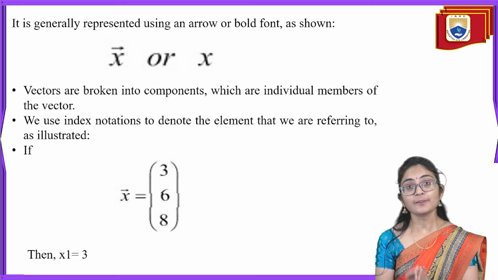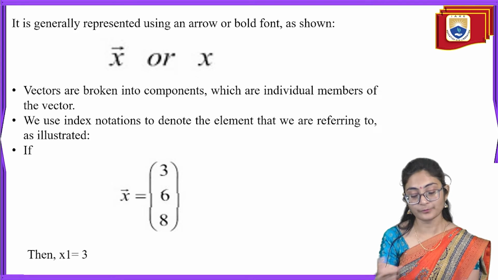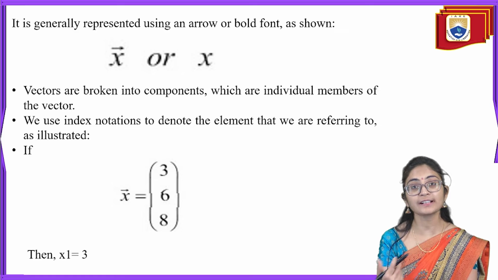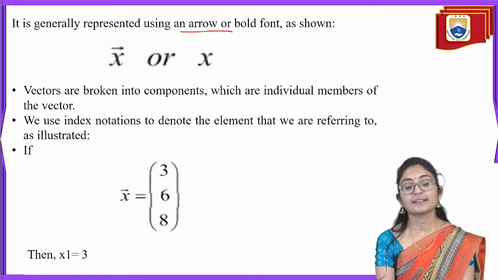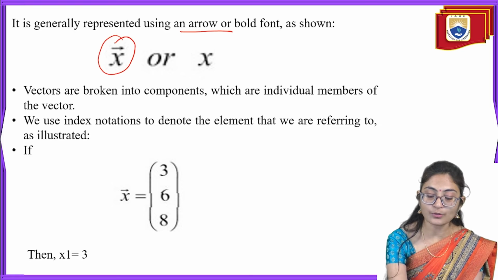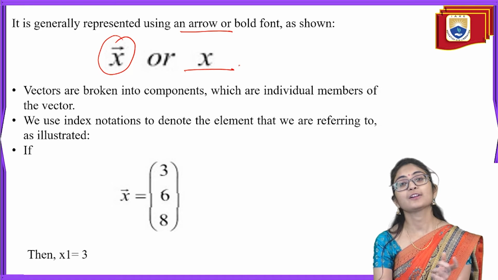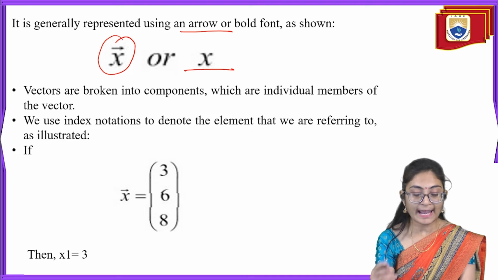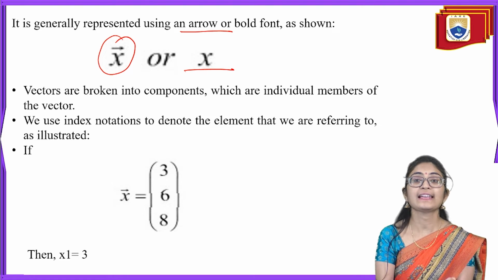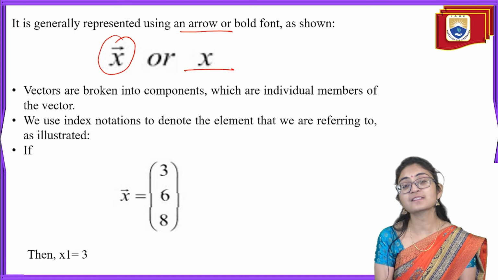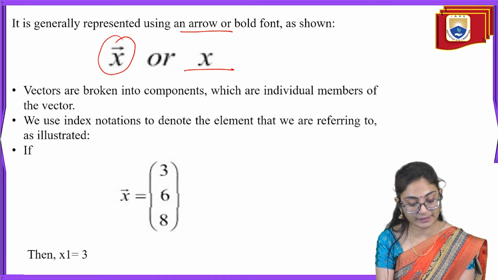Generally, if we have to show a vector, we can use an arrow. That means x with an arrow, or you can show x in bold. Actually, vectors are generally broken into components, which are the individual members of the vector.